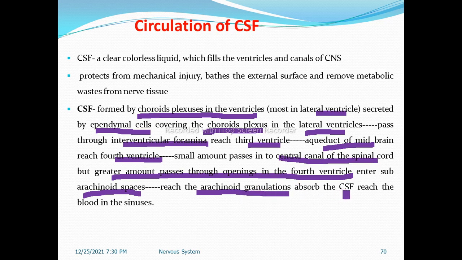Arachnoid granulations absorb cerebrospinal fluid into the blood in the sinuses. So it is absorbed in this area, washes the brain, and moves through the brain by the subarachnoid space. So this is the circulation of cerebrospinal fluid.